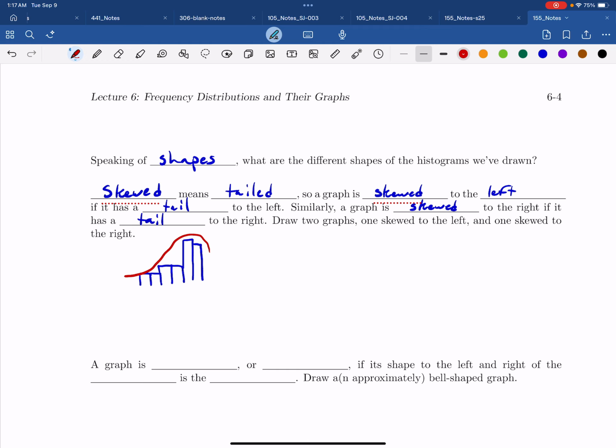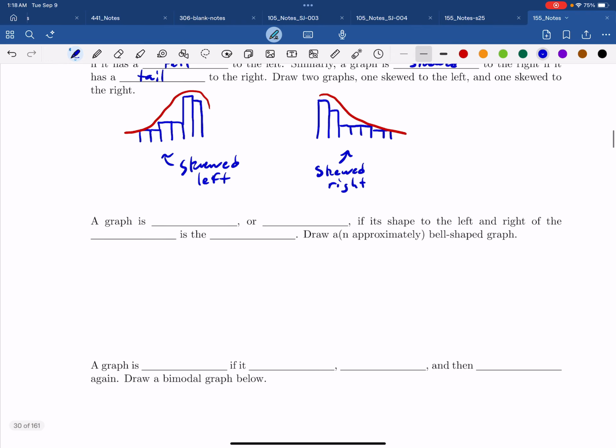And then, of course, the analogous thing would be the opposite: we've got big values here, and then all of a sudden it drops off like that. So this is skewed left. This is skewed right.